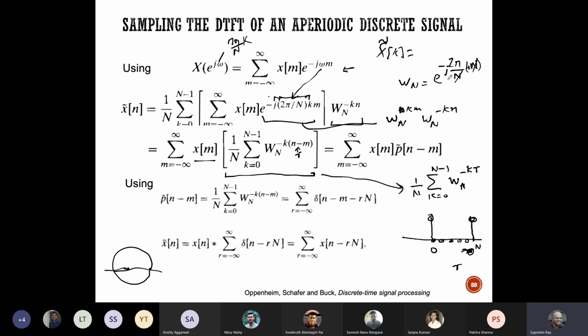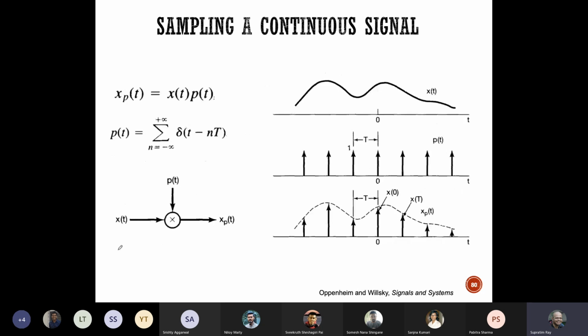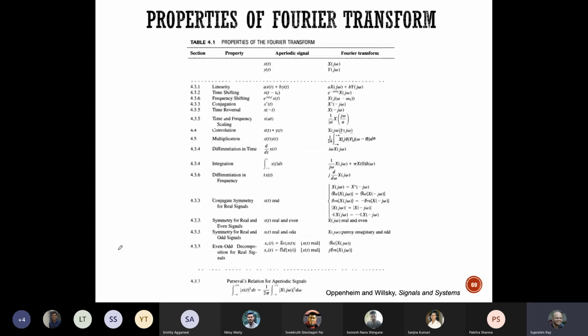So e to the power j 2 pi by N can be thought of as a complex number, and I'm just looking at this is the first one, this is the second one, this is the third one and fourth one, and they always sum up to 0 unless the first one is here. Then they are all the same ones, and it becomes N. This is the proof that we used early on to prove a bunch of things. I hope you guys remember this.